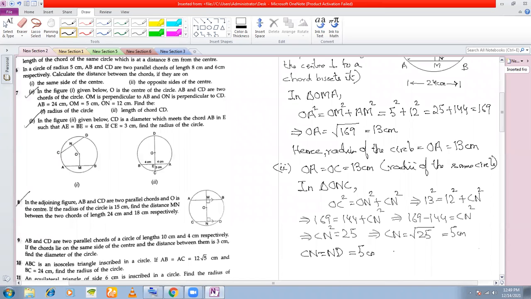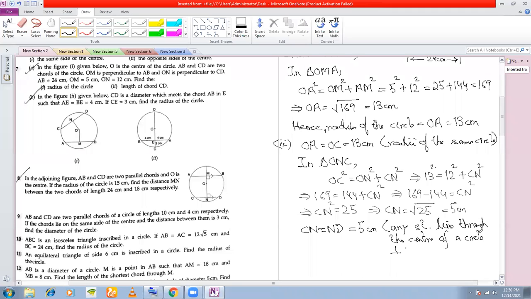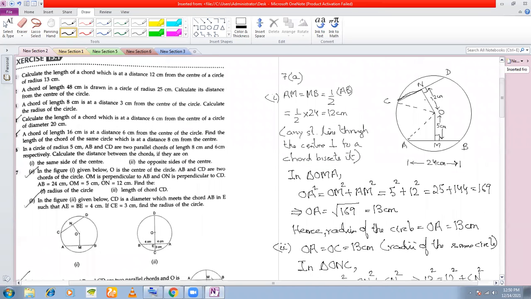The reason is any straight line through the center of a circle perpendicular to a chord bisects it. So we have got CN as 5 centimeters. This length we have got 5, and this length we have also 5.